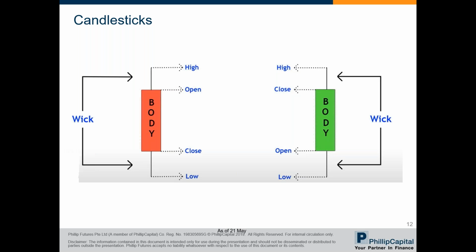Whichever the case, you can tell whether it's an up or down candle and determine the open and close accordingly. For example, the red candlestick on the left indicates the opening price of the day with the top of the body, and it's closed with a lower base. Over here, there is the lower part, there is the closing price of the day.